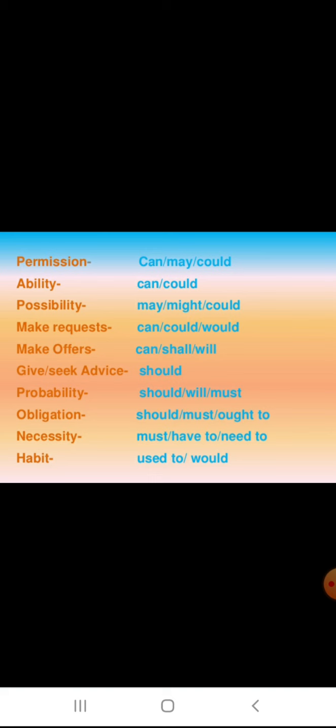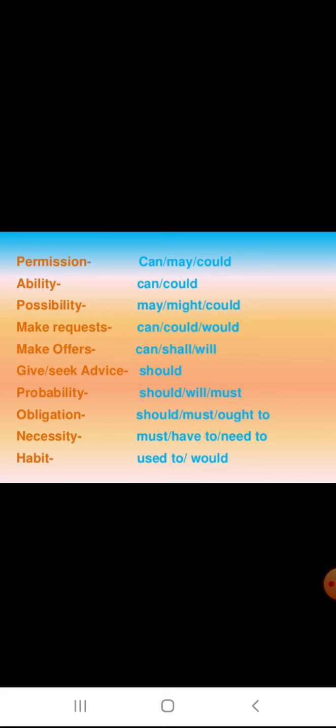So for permission, we can use can, may, could. For ability, we can use can or could. For possibility, we can use may, might, could. To make a request, we can use can, could, would.